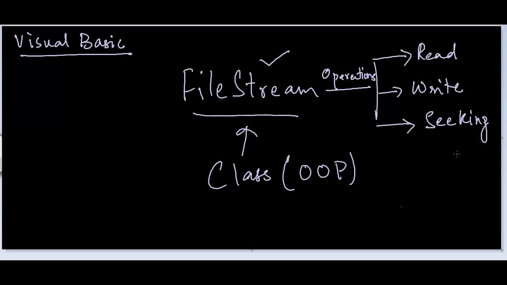So if this confuses you, just think of a stream as a sequence of bytes. There are so many bytes that are stored, right? And our cursor, for example, we were trying to read from a file, so we've already read this portion of the file, right? So our cursor is positioned right now at this point. So if we want to find out at some stage where we are as far as reading a file is concerned, and we want to locate the position of our cursor, then we can do that through some built-in operations that are provided in FileStream.